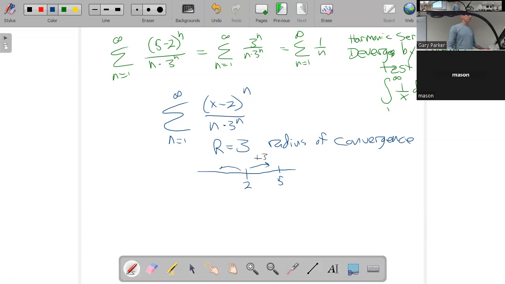Radius can also go the other way, so we can subtract 3 and get -1. And we just discovered by using the integral test on this side that that's an open circle. We do not converge there. At -1, that was the alternating harmonic series that does converge. That's a closed circle, and then every number in between. So this series here converges if x is less than 5 and greater than or equal to -1.